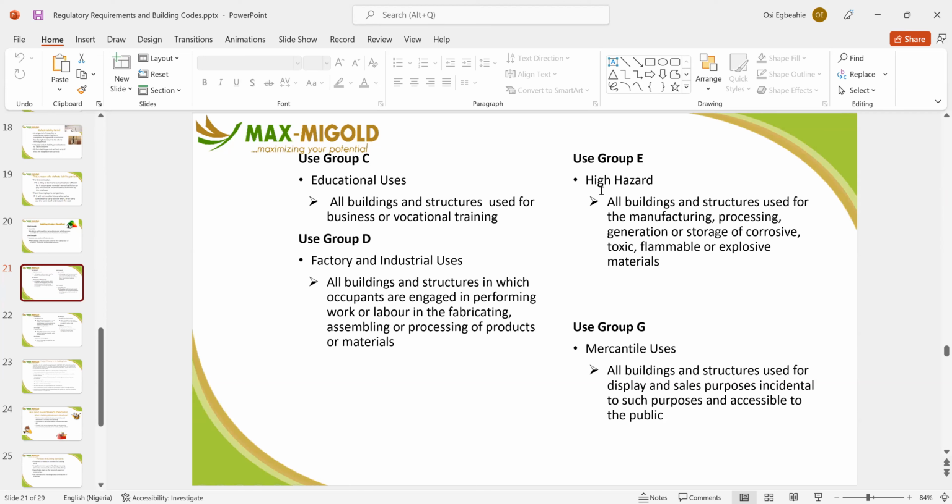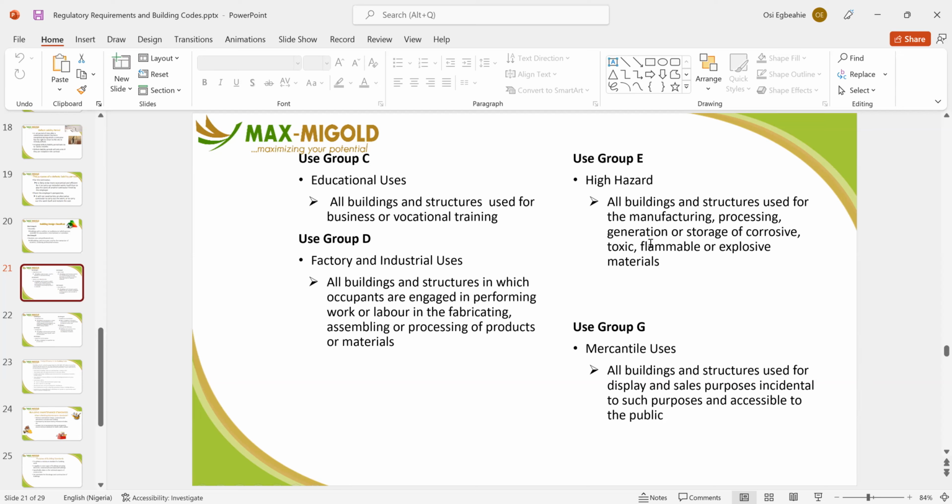Look at E, high hazard buildings. All buildings and structures used for the manufacturing, processing, generation, or storage of corrosive, toxic, inflammable, and explosive materials.